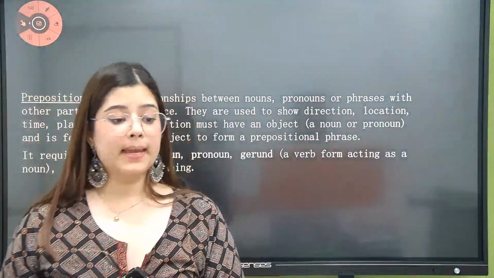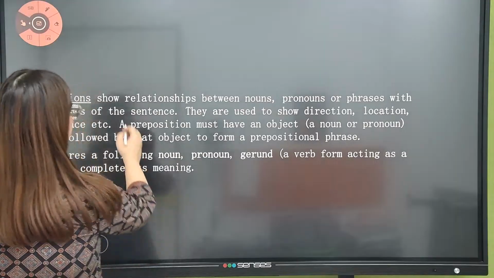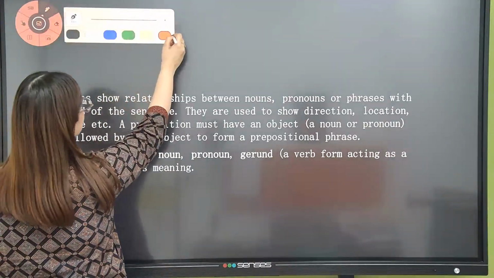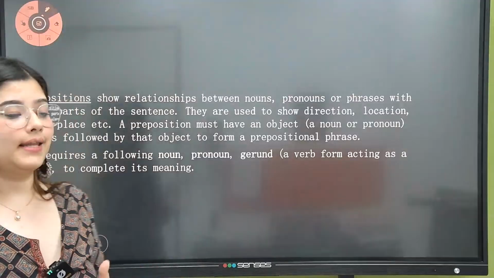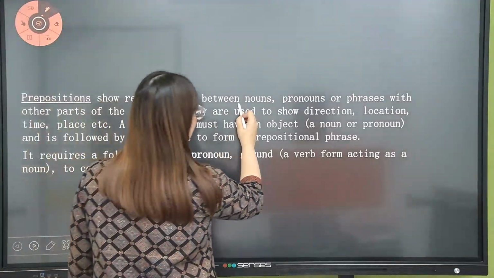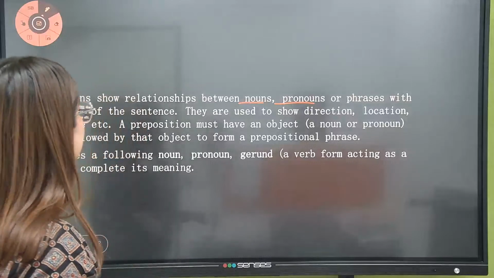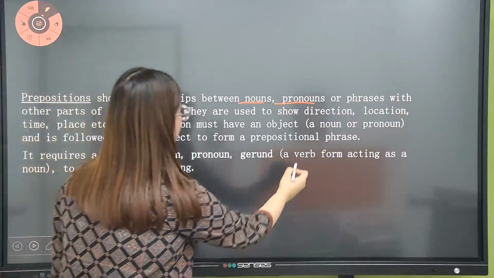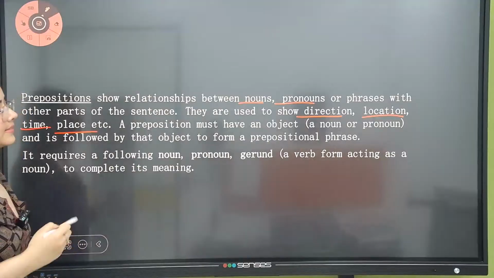Next would be preposition. Prepositions show relationships between nouns, pronouns, phrases, or other parts with other parts of the sentence. They are used to show direction, location, time, place, etc.